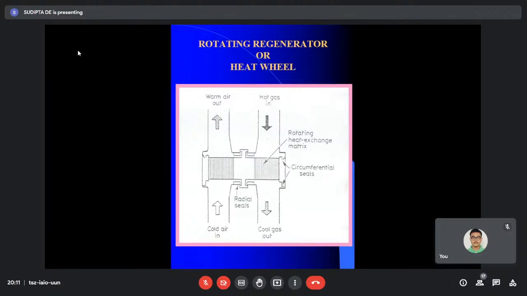So let me just explain it fully. Before that, just write down a short note about recuperative. I have not mentioned it specifically for the previous heat exchange process, but in most cases it is recuperative. Just write down: recuperative heat exchange.